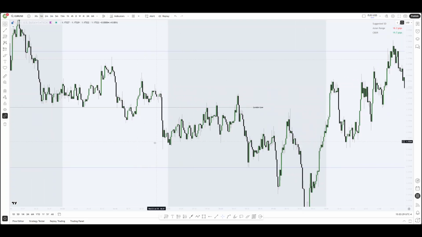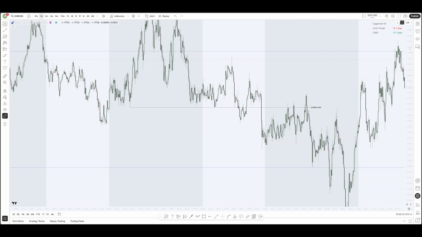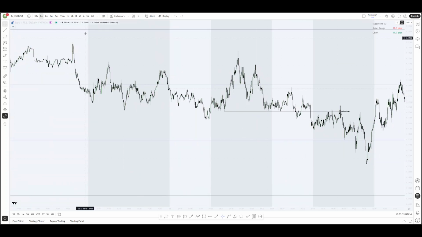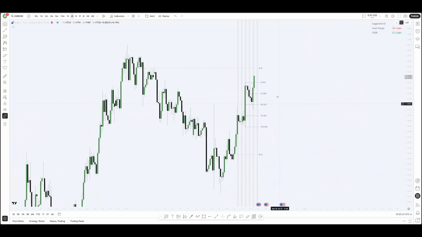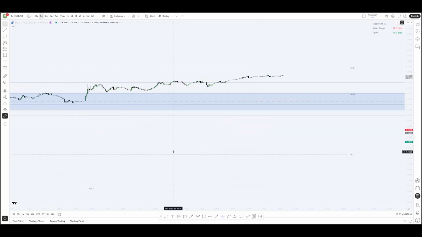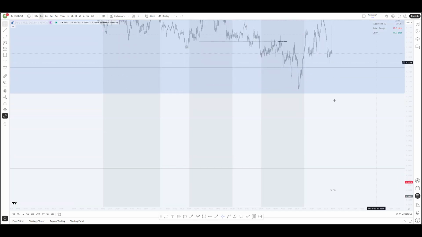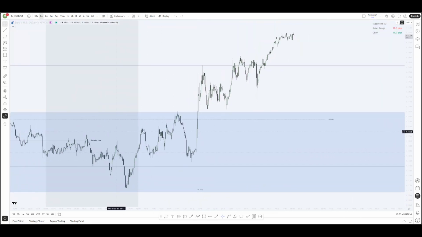You could also trade this, but remember that we are now trading in a bullish 4-hour fair value gap, so let me show that once again. Price is now trading inside a bullish 4-hour value gap.